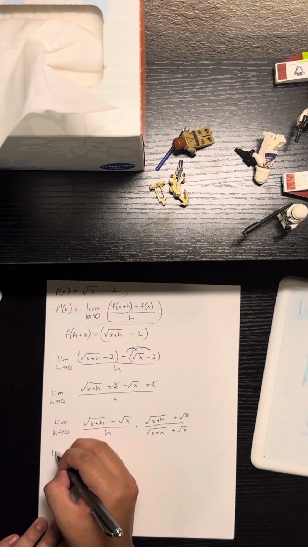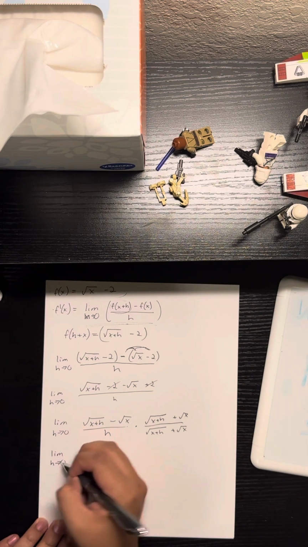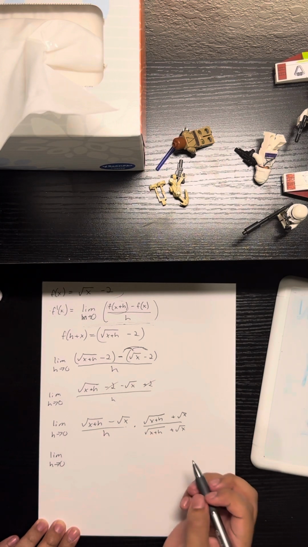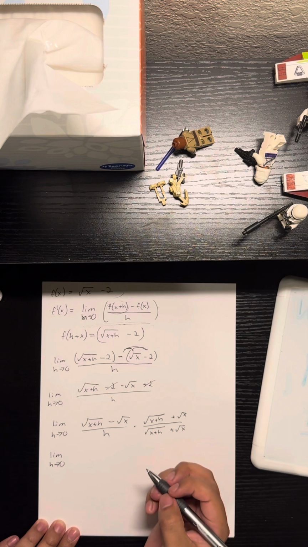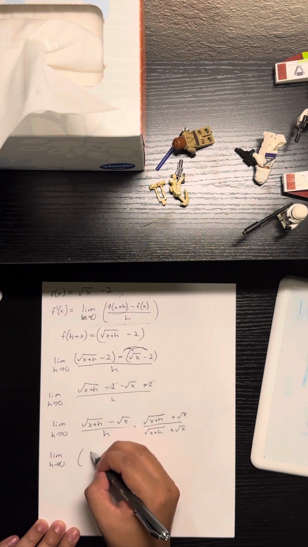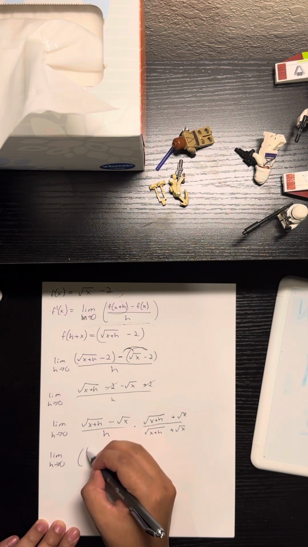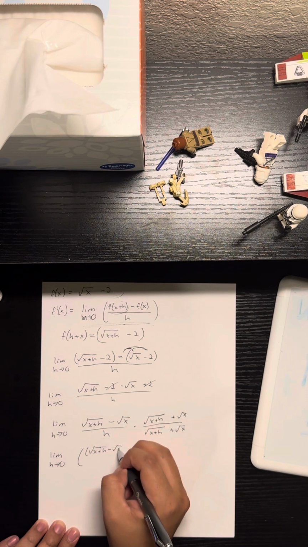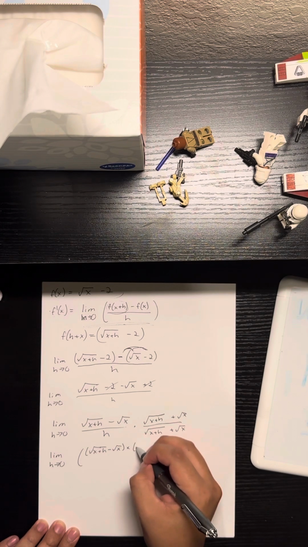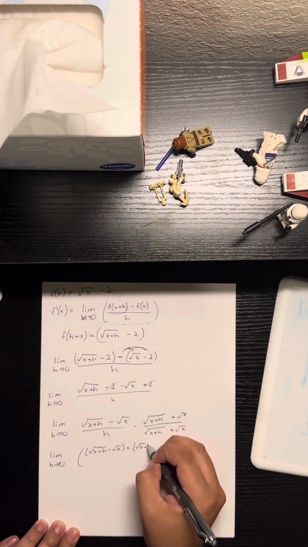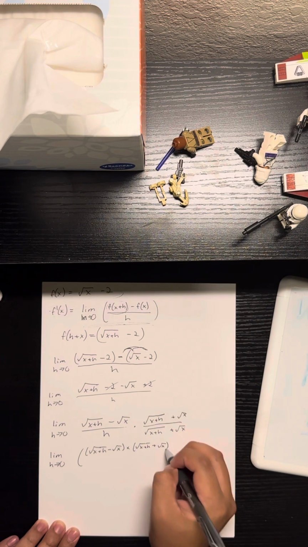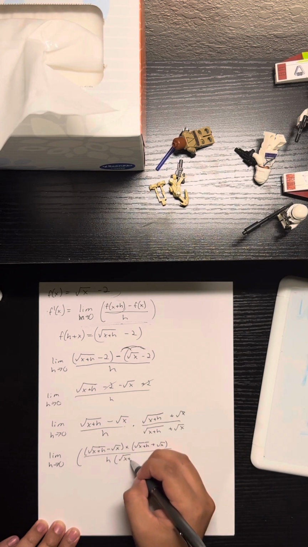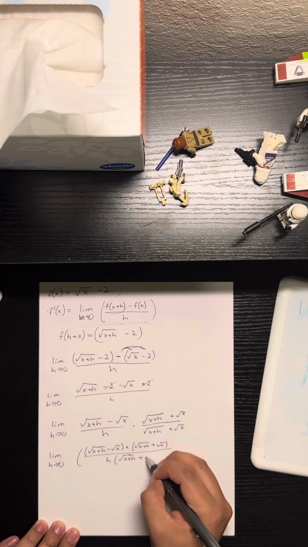So this will give us the limit as h approaches 0 of the square root of x plus h minus root x times the square root of x plus h plus the square root of x, over h times root x plus h plus root x.